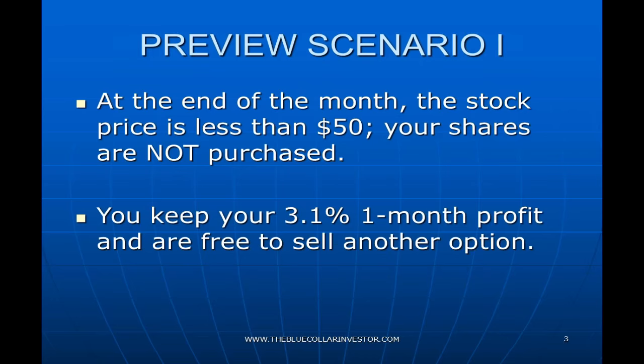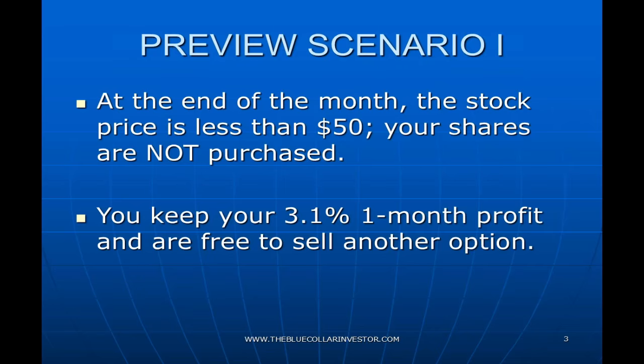So the option expires worthless. We keep the $150 no matter what. Let me put that out there right now: that $150 is ours to keep once we click the computer to sell that option. So we've generated a 3.1% 1-month return. We still own the shares, and now we're free to sell another option the next month.